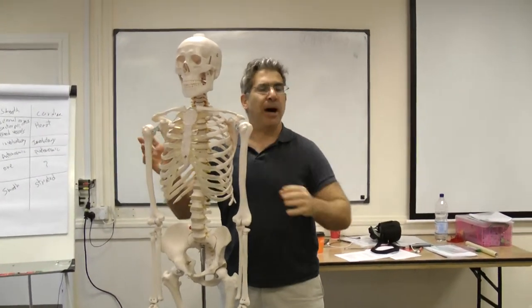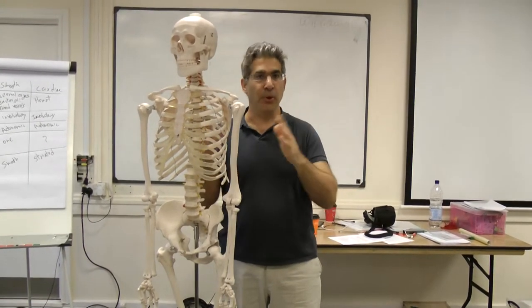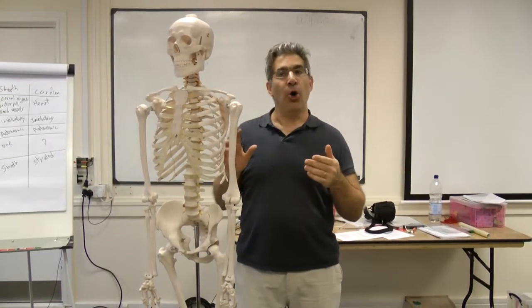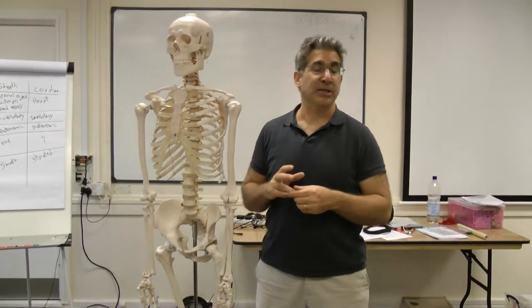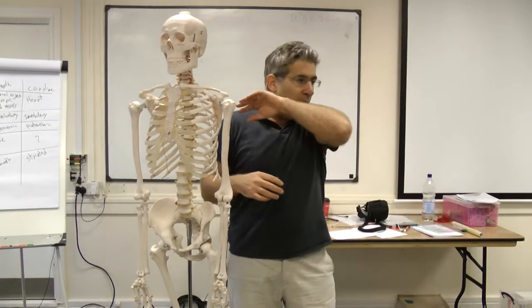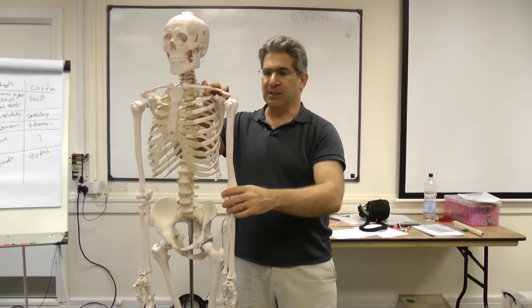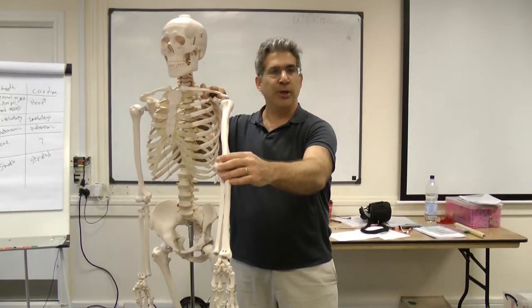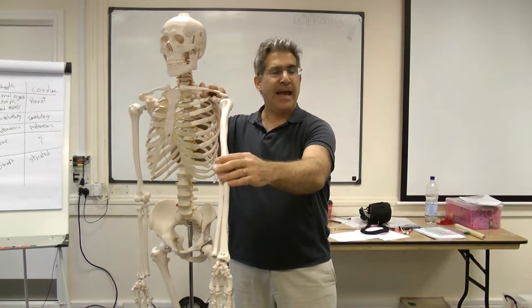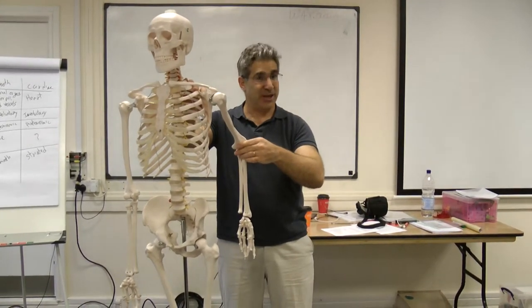So this video is about vocabulary of skeletal muscle and the attachment of muscles to bones. Muscles almost always work in groups. The group usually consists of a muscle that moves the joint in one direction and the opposite muscle that moves the joint in the opposite direction.